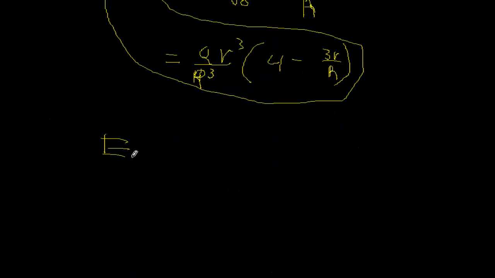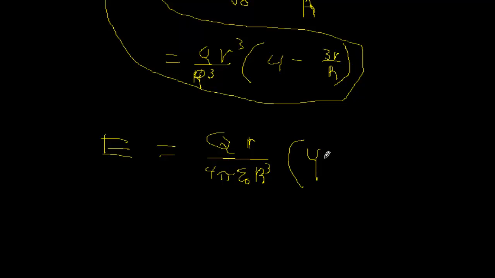So our electric field in the end is going to be equal to, after a little bit of simplification, of course, I'm not going to do those steps either, because we did them earlier as well, Q times r divided by 4 pi epsilon naught times big R cubed times the quantity 4 minus 3 little r divided by big R. And that is our electric field.